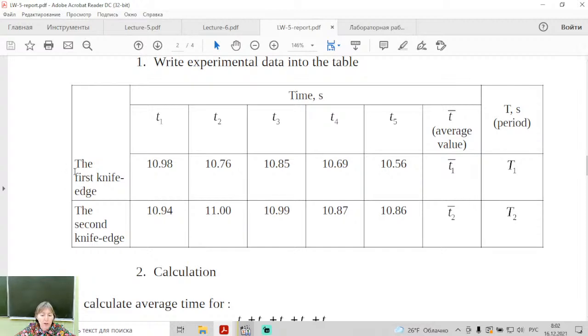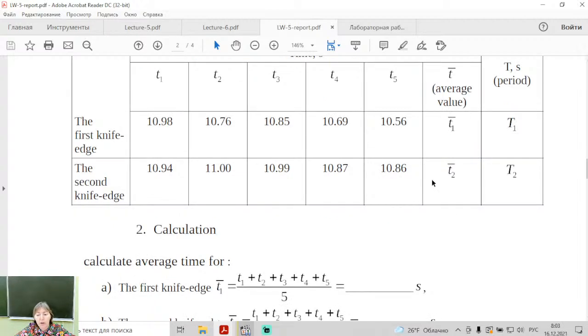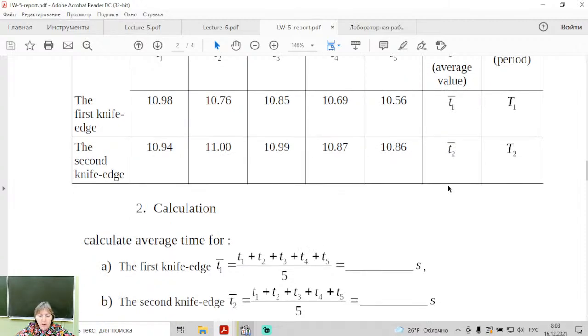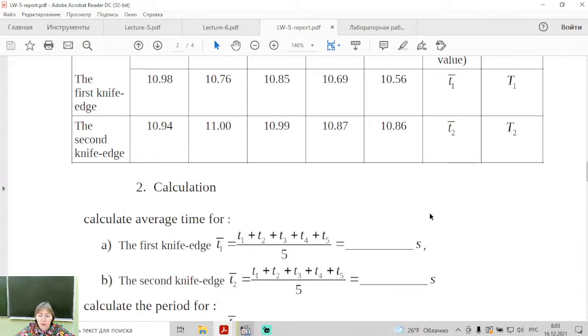The first knife edge is the first experimental data. The second knife edge is the second experiment, and you have to calculate the average value and use this formula. Calculate average time for the first knife edge and the second knife edge, and write down your result in seconds.